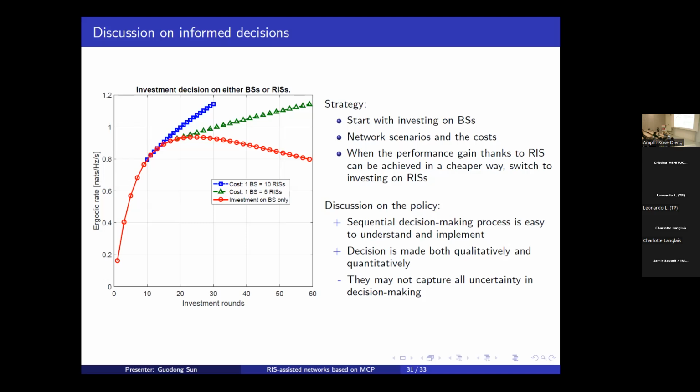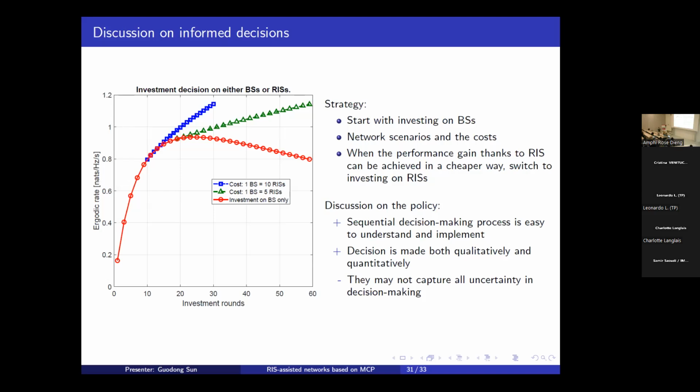Then you come back to this curve: if a city has no base station, you should of course start with deploying base stations. Otherwise, there's no signal to reflect. But up to a certain degree, you begin to think perhaps deploying more base stations causes more interference, and there is a diminishing and even negative return, negative gain.